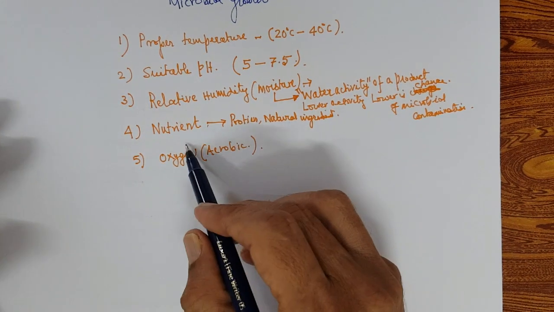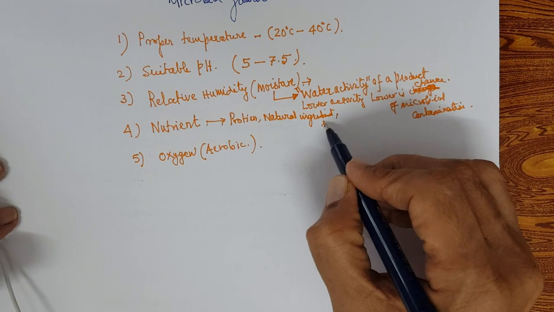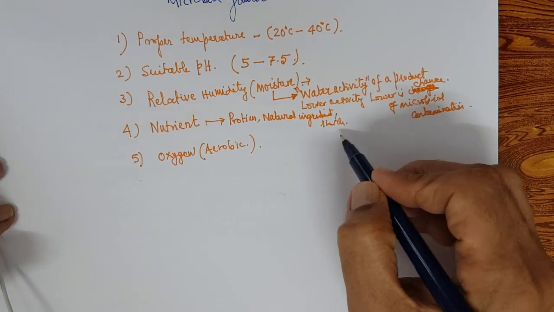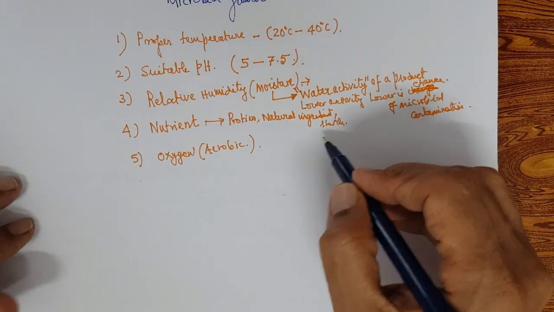So protein, natural ingredients, also starch, all those things can support microbial growth.